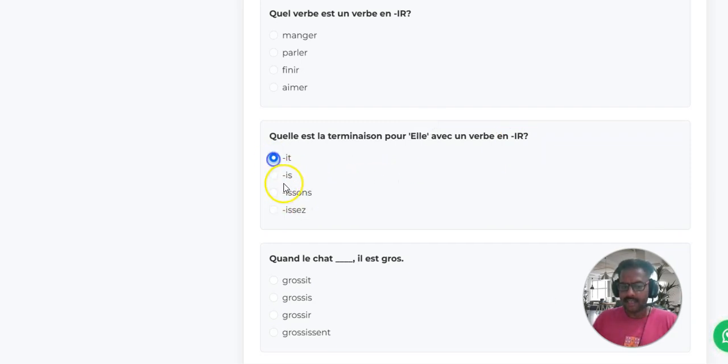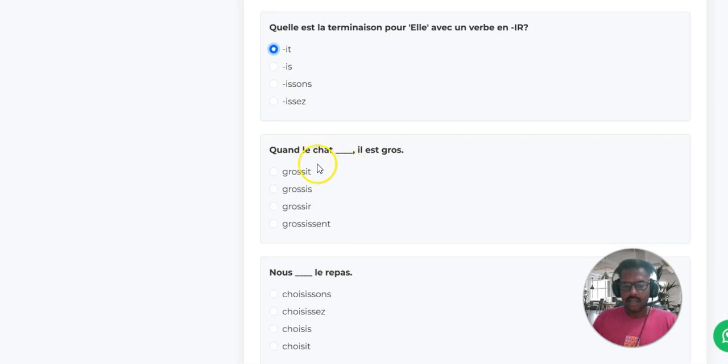Now you know that s is for the first person, ssons is for première personne du pluriel, that's nous. Ssez is for deuxième personne du pluriel, that's vous. So we have t. Quand le chat, now le chat is a cat, so troisième personne du singulier, t, grossit, il est gros. The verb is grossir. Quand le chat grossit, il est gros.